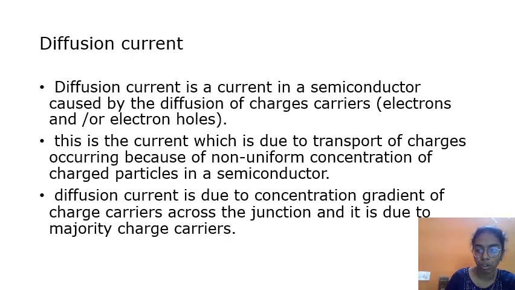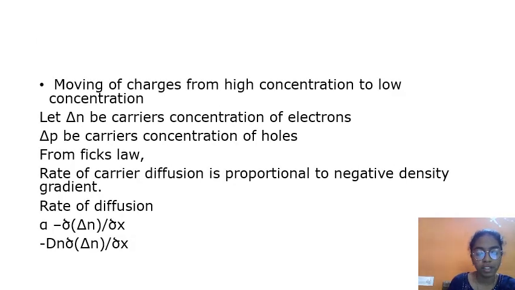Now I'm going to show the equation. Charges move from high concentration to low concentration. Let Δn be the concentration of electrons and Δp be the concentration of holes. From Fick's law, the rate of carrier diffusion is proportional to the negative density gradient.